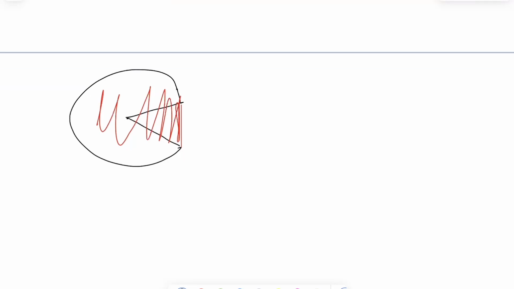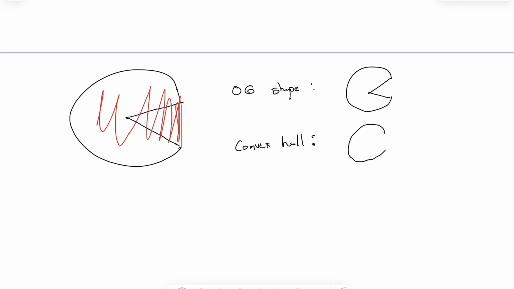If my original shape was this Pac-Man type thing, then the convex hull is the same circle on the outside, but instead of that mouth, it has a straight line cutting the mouth, filling the whole mouth in. I hope it's clear what I'm drawing here. Maybe it's clearer to look at the picture on the left, but the original shape was the Pac-Man. The convex hull is the shape that you get if you fill in all the innies. That's what the convex hull is all about.